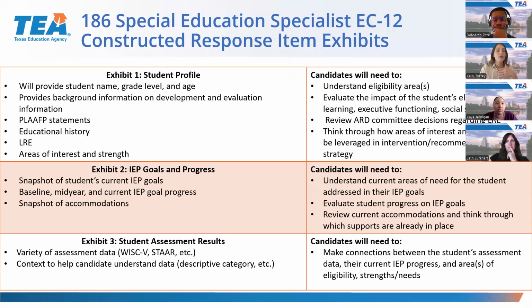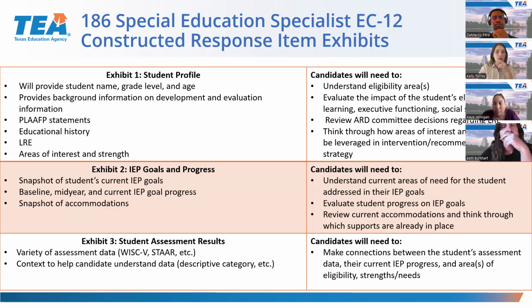So obviously within the structure of an exam, we can't provide them with an entire IEP, but these provided components are really to build out who the sample student is, what their needs are, the skills that student is currently working on, and then how their eligibility area or areas is impacting their learning in the classroom within a specific lesson.